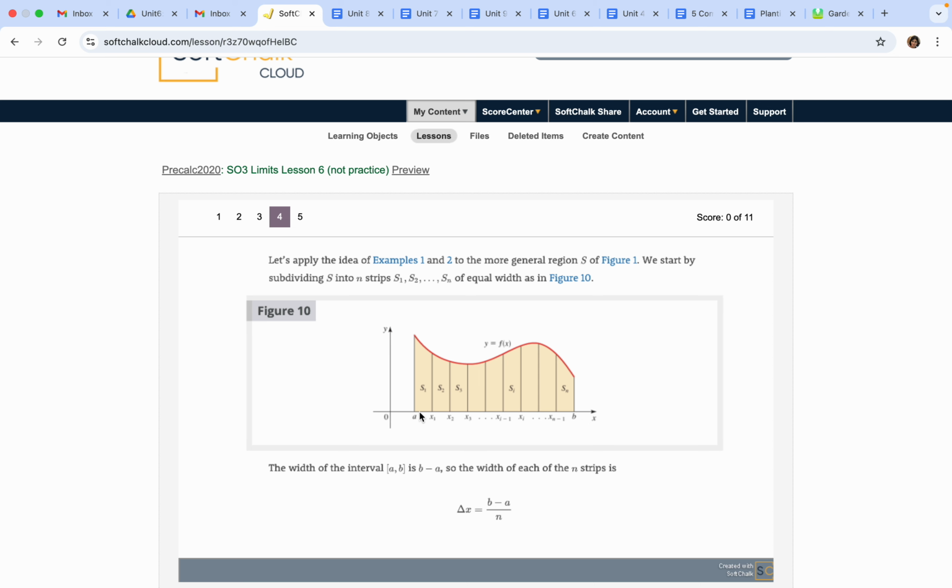And how much each of those widths is going to be is however long this distance is, which we find by saying B minus A, however long this is, dividing it by however many times we want to divide it up.